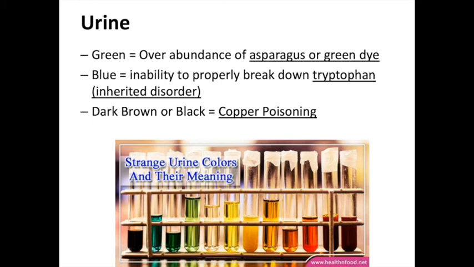Blue. Blue is actually a cool one. You can have blue pee, but not everyone can do this. This is a certain kind of mutation where some people have an inability to break down this amino acid called tryptophan. Tryptophan is an amino acid which is an ingredient in your proteins, and you can get it from eating certain meats.